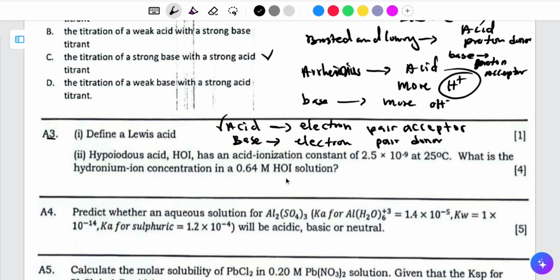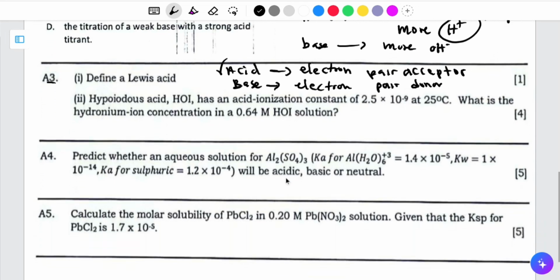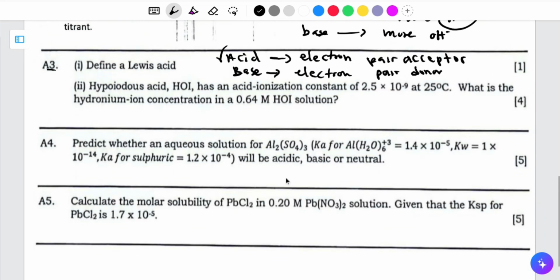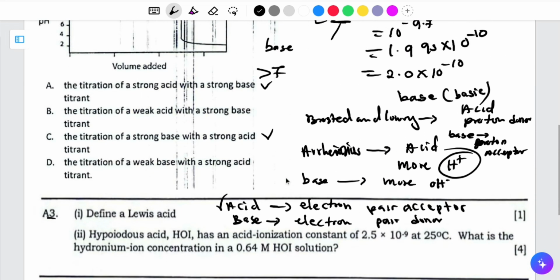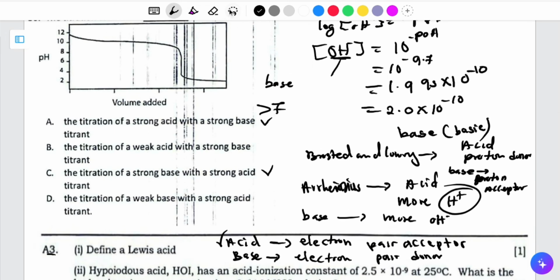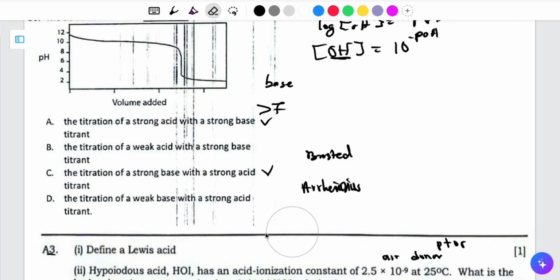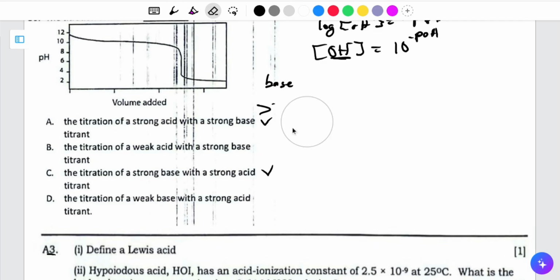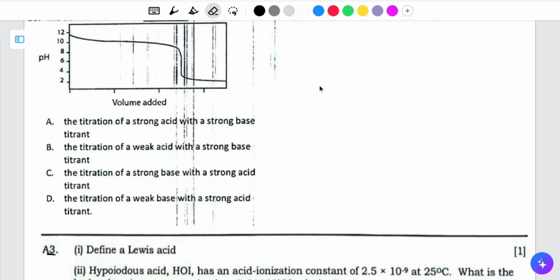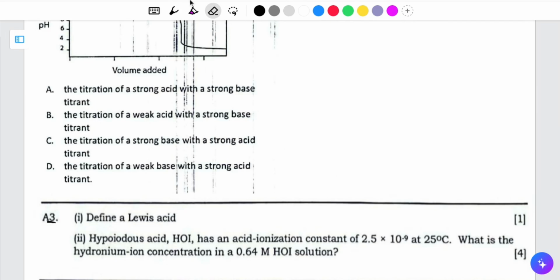Okay, so what are we going to do here? Remember, this question is focusing on an acid, meaning we are focusing on Ka.